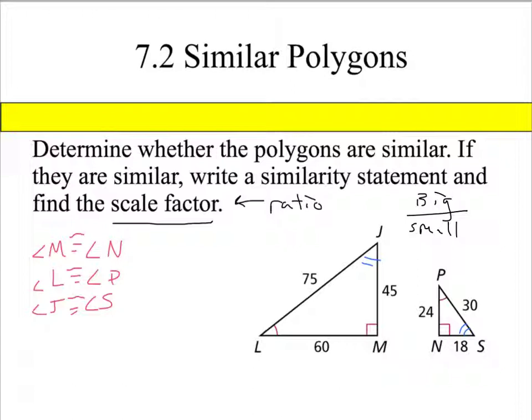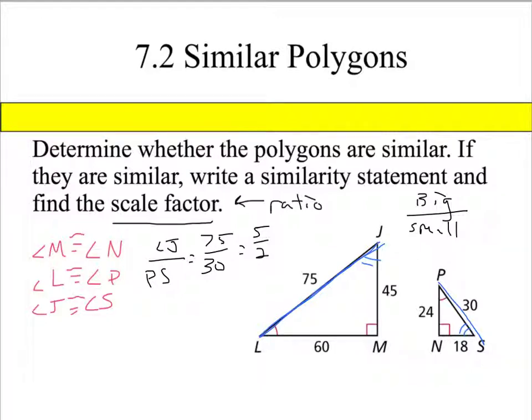So if I look at LJ, I'm going to put that, notice that is my hypotenuse on this side. So I'm going to put that over the hypotenuse on the smaller triangle, which is PS. Okay, so LJ over PS, and that's 75 over 30. And when I look at this, I can divide each one by 15, and I get 5 over 2 when I simplify it down.